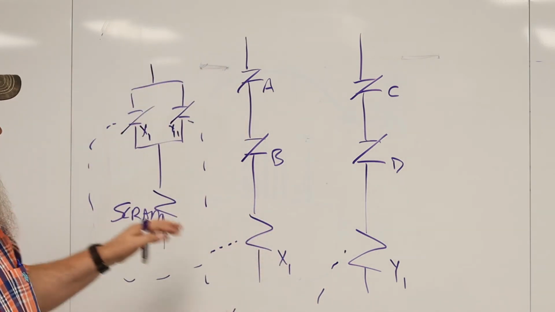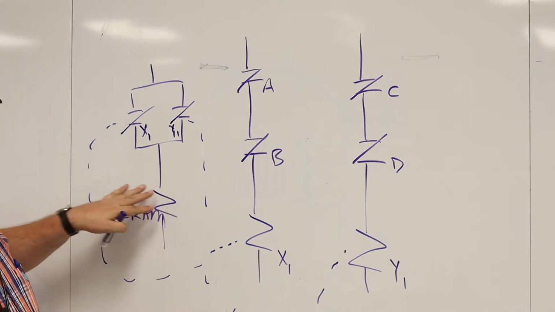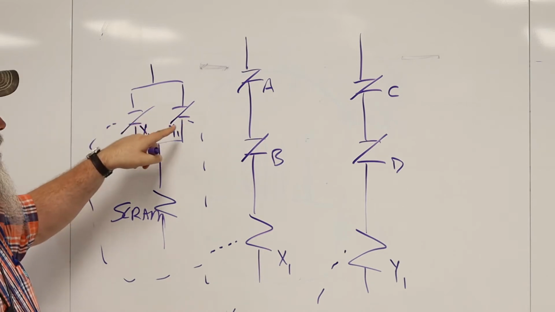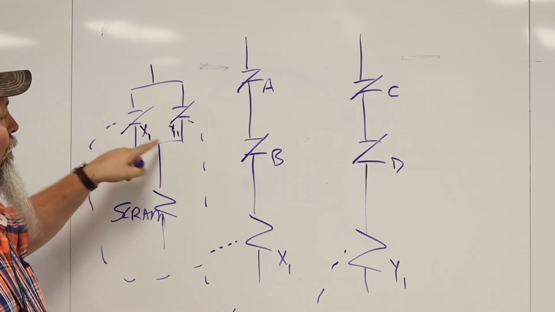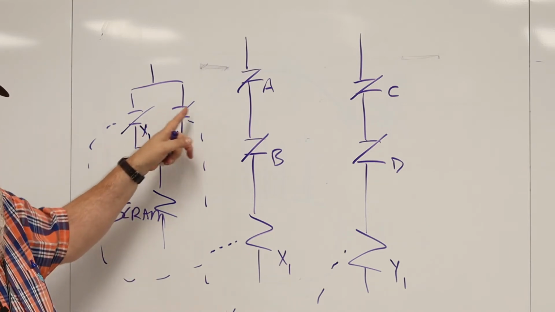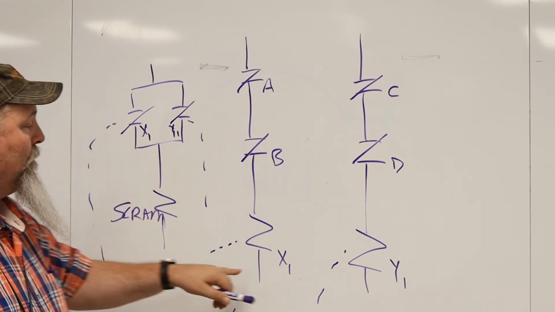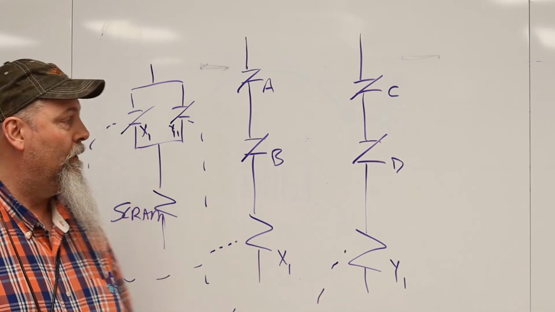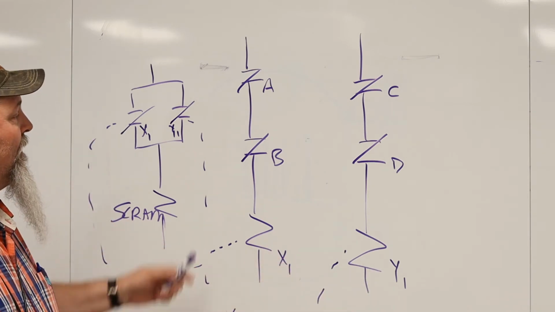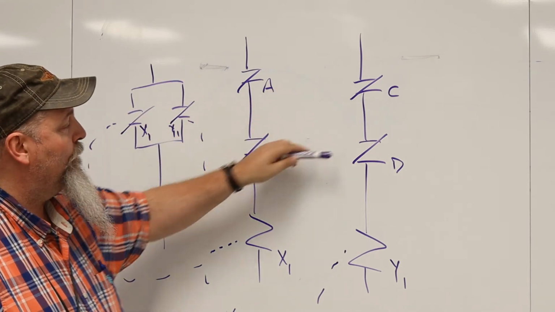In order to get the scram, I need to cut off power to this relay. If I open either one of these contacts, I still have power through the other one, which means I need to de-energize both of these contacts. So I have to cut off power to both X-ray 1 and Yankee 1. In order to cut off power to both of those relays, I need to open one of these 2 and one of those 2.